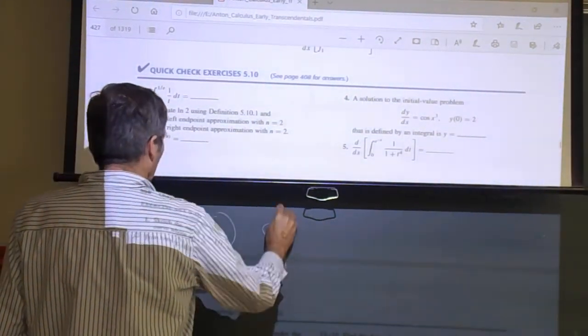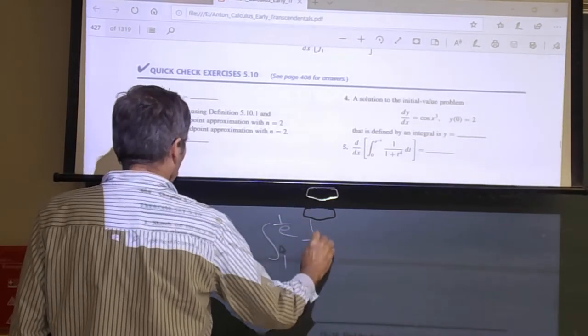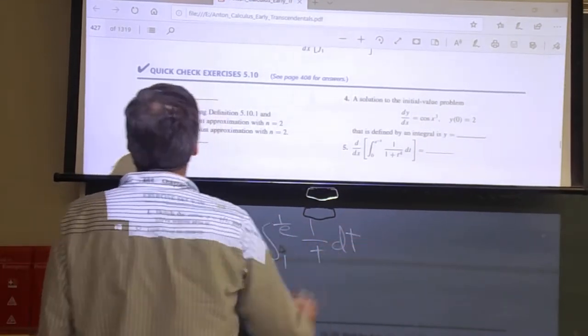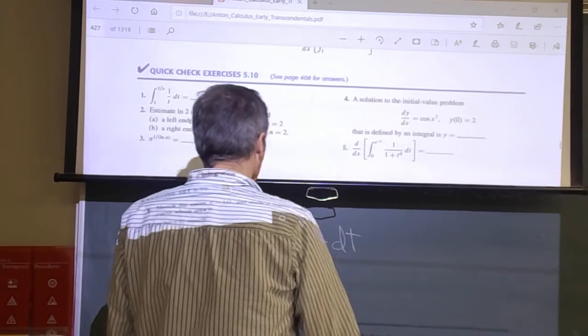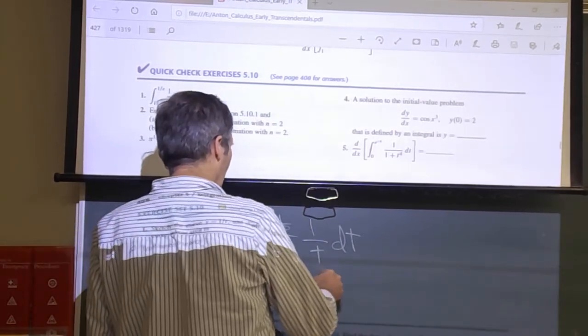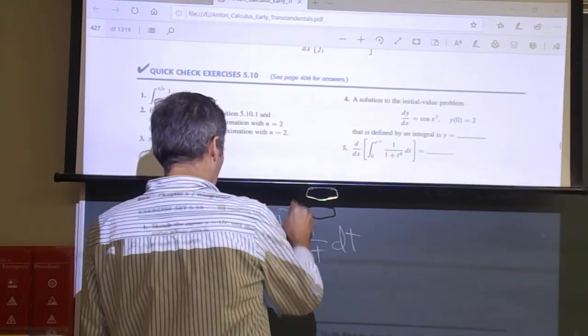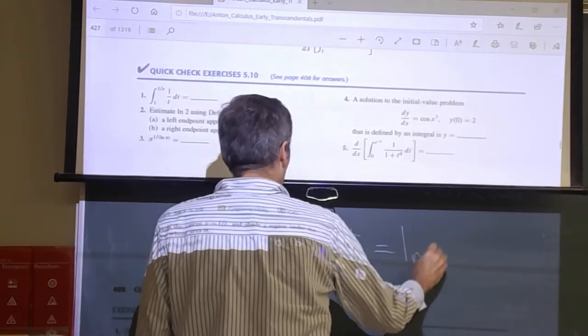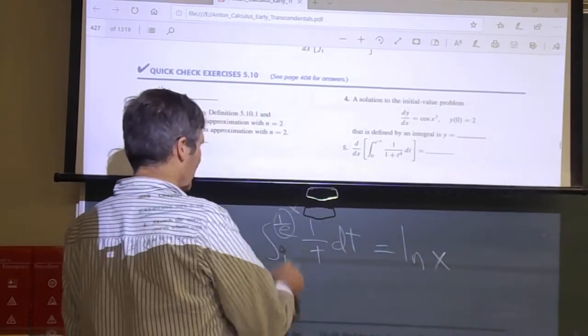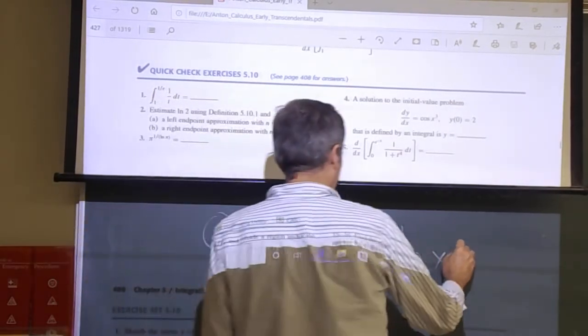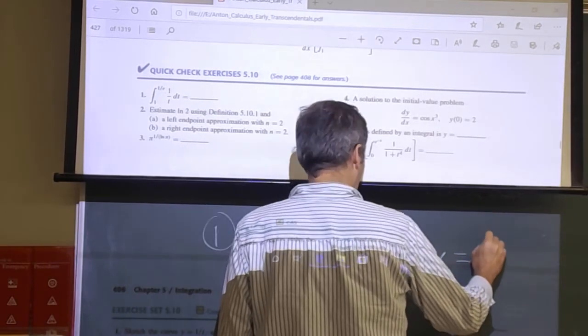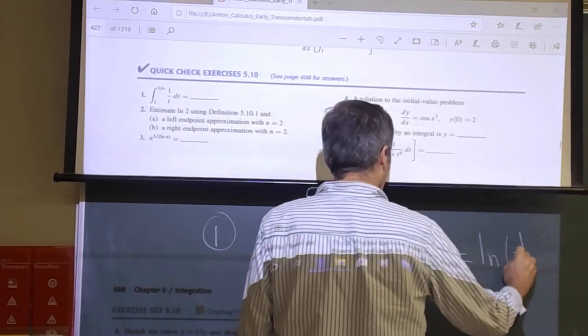The integral from 1 to x is ln x. So I just have to put x equals 1/e. So this is ln of 1/e.